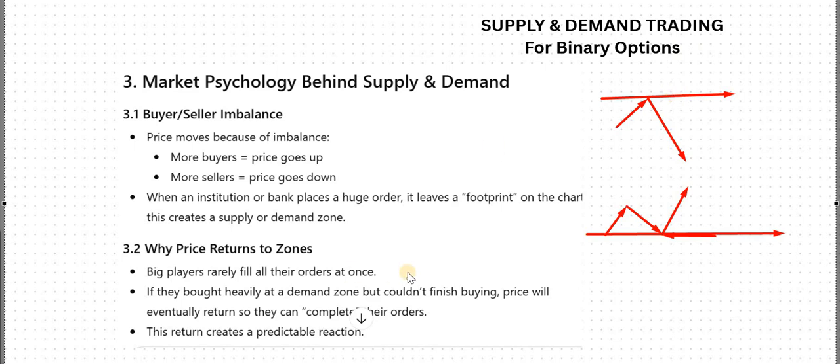Now, why does price come back to this same zone after leaving it? When price leaves a demand zone, the reason is that when the big banks make an order, for instance, say they have 100 shares to buy, they want to distribute those 100 shares.